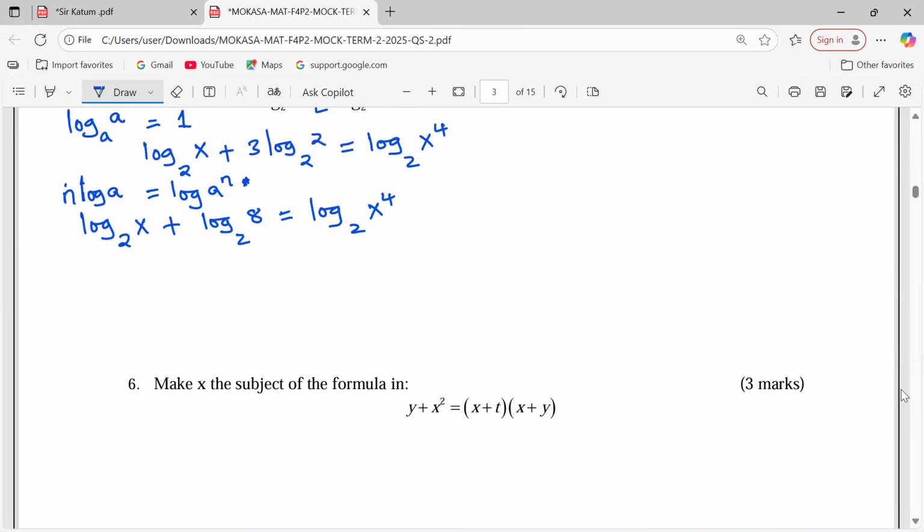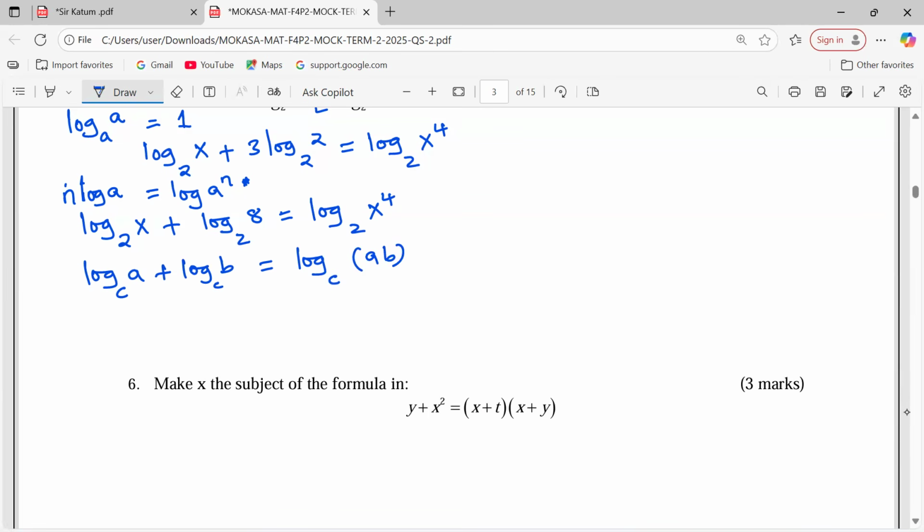So look at this now. Let me just state the law first before I apply it, for those who are learning. We know that the logarithm of a number plus the logarithm of another, as long as the base is the same, we usually take the log to the same base, then A and B are multiplied that way.